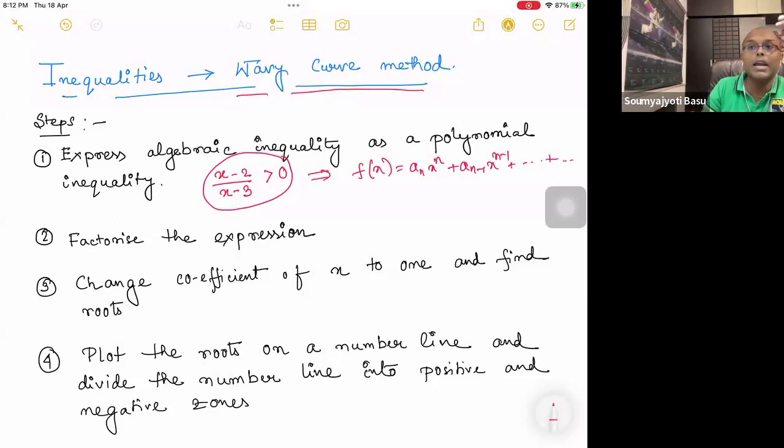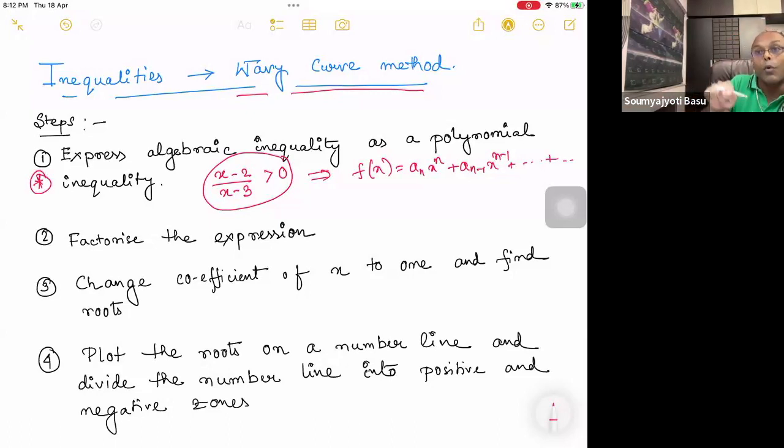You can use your high school mathematics knowledge to convert the algebraic equation into a polynomial equation, but we have to remember certain points, some common sense. Common sense is not always common, that's the problem. But once I explain the step, you can do it very easily. This is a very important step, and I would talk a lot about it when I take up one problem at a time.